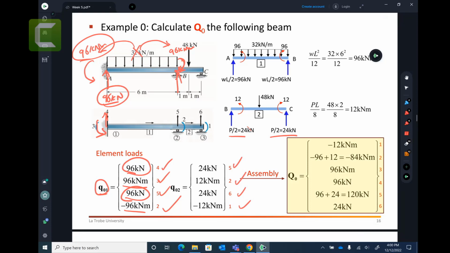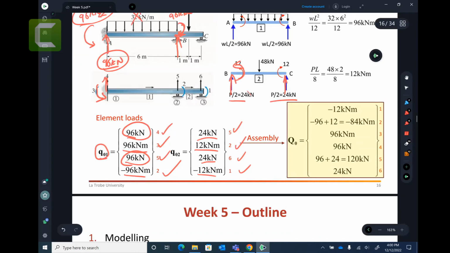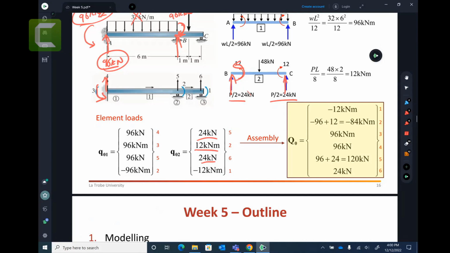That would be 24, because you remember that 5 is 24, and there is 12. If it is in the same direction, we put it positive. If it is in the opposite direction, we put it negative. So 24 going up and minus 12 kilonewton meters going in the opposite direction. So what we do, we assemble them, because you can see you have different names there.